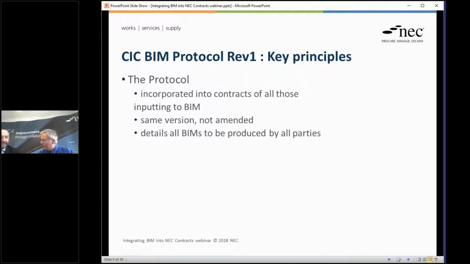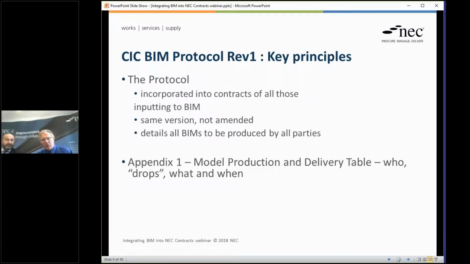We're in a scenario here, Ian, where the employer's got maybe 3 or 4 different people contributing to a BIM model. Most likely at the early stage, where we've got the architect, structural engineer and so on working together to input into a model. So the BIM protocol was designed to be included in all those contracts.